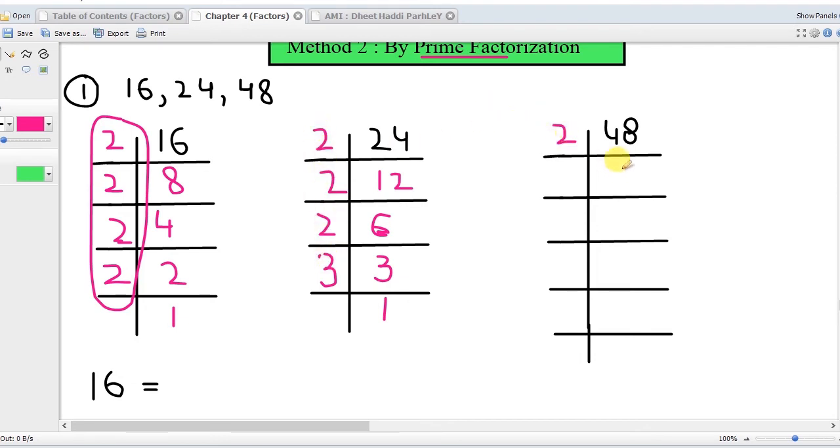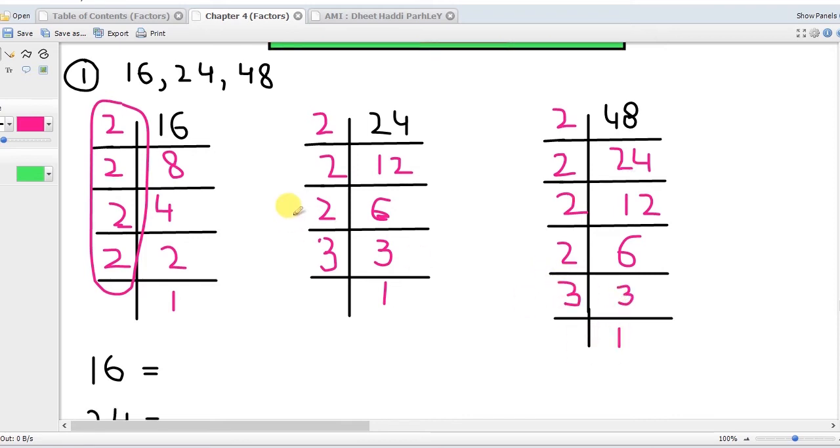Next is 48. 2 times 24 is 48, 2 times 12 is 24, 2 times 6 is 12, 2 times 3 is 6, and 3 times 1 is 3. Now we are done finding the prime factors.